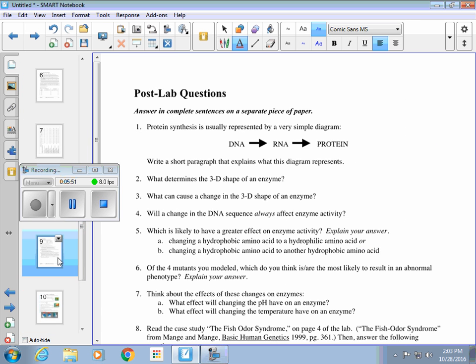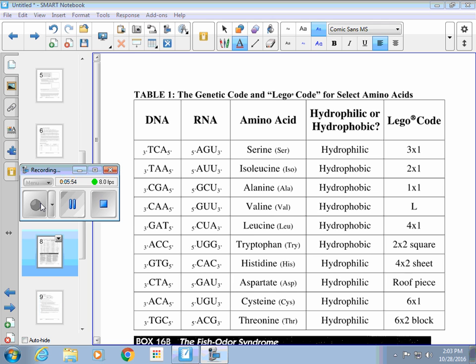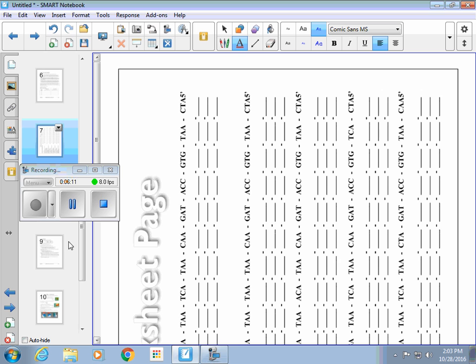That's not it. This genetic code chart, which is in your yellow packet, but there's also I think a purple copy of it on your folder or on your tray. This chart here will come in very handy when you're filling out your worksheet. This is the worksheet page.